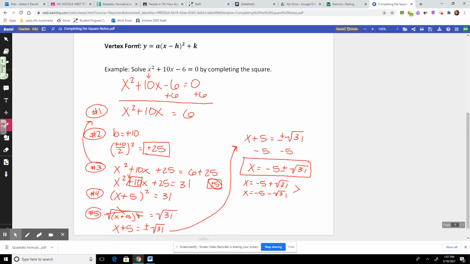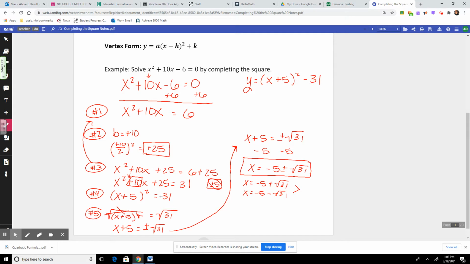Okay, now the vertex form of this equation: if you go back to step number 4 here, where you have the perfect square binomial set equal to a value, y would equal (x + 5)² minus 31.